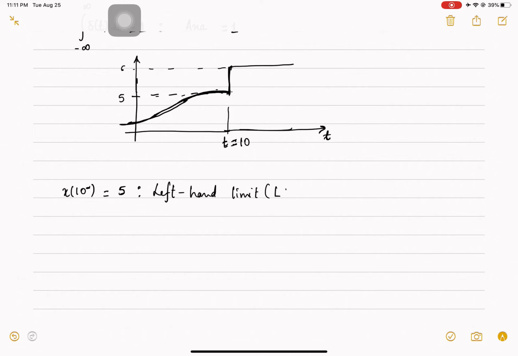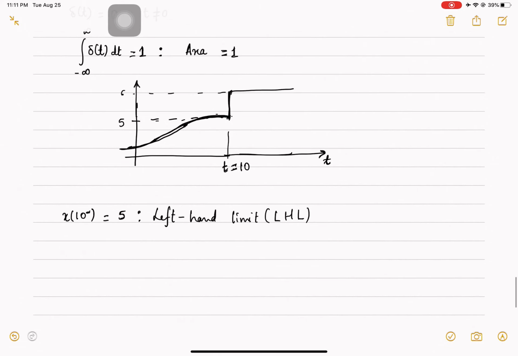This is called the left hand limit, or in short LHL. Now I'm going to approach the point t equal to 10 from the right hand side. This is how I moved to find the left hand limit, and this is the direction I am moving to find the right hand limit.